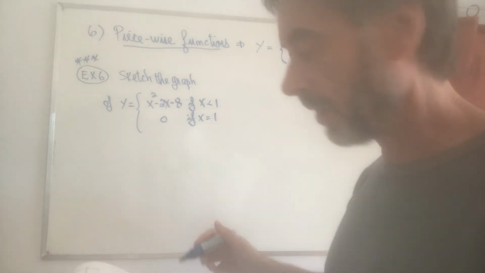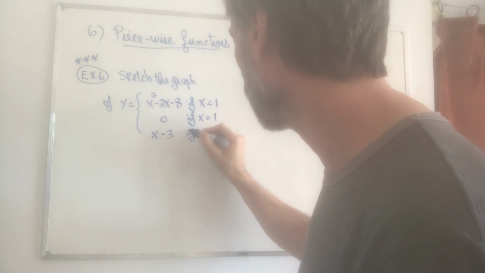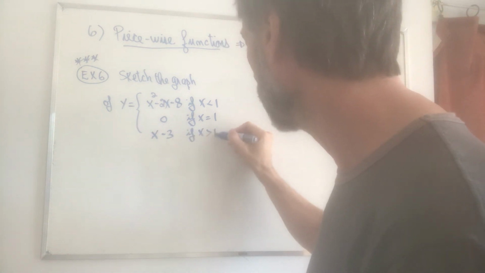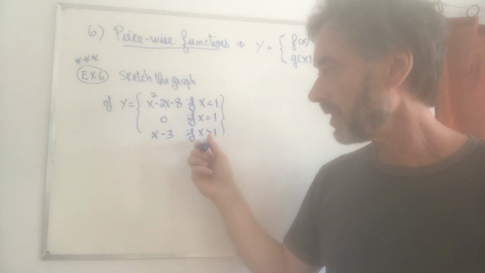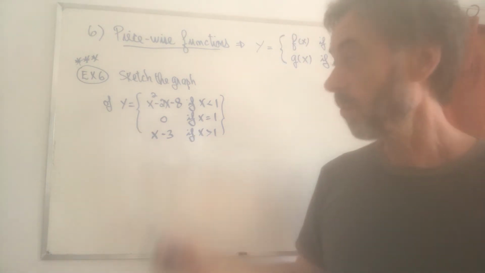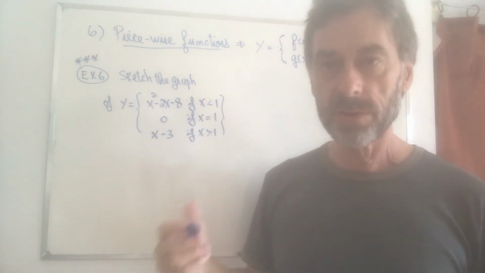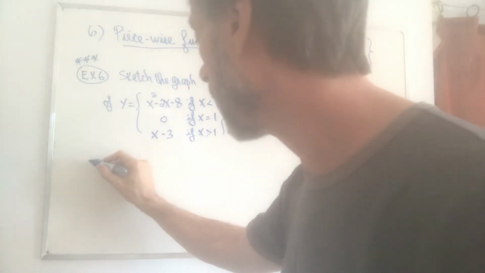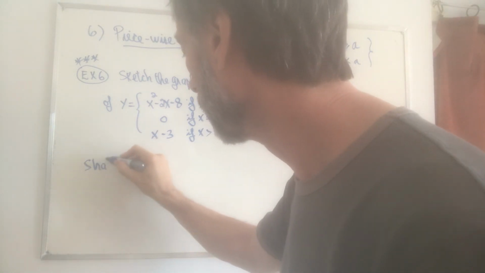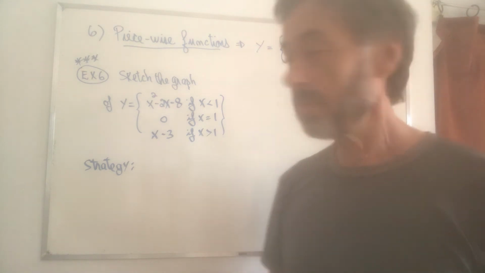And then there's a third part to that. It's a line, x minus 3, and that is what the function looks like when x is greater than 1. So we want to sketch the graph of this piecewise function, which has 3 pieces. The strategy is pretty simple. It's a piecewise, so we're going to sketch in pieces.